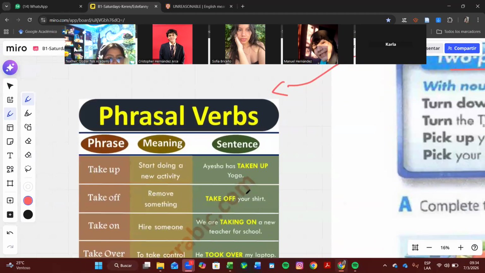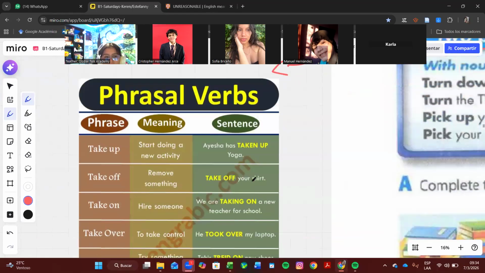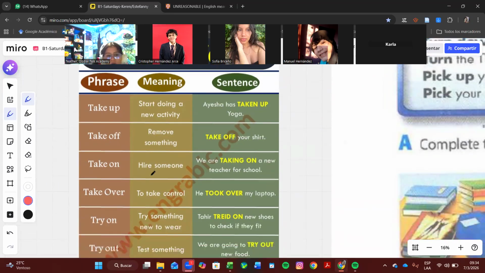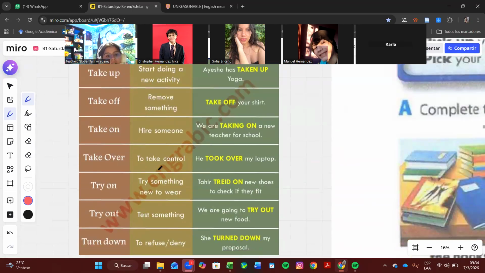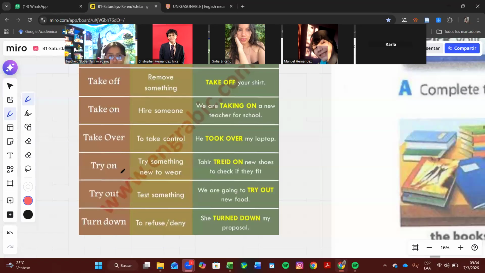So, for example, we have take up. So they are like phrases because they are two words. Take up is to start doing a new activity, for example. Then we have take off. The meaning could be remove something. Take off your shirt, so quitarte la camisa o la blusa, right? Take on is to hire someone. Take over is to take control. Try on is to try something new to wear that you maybe haven't worn before.